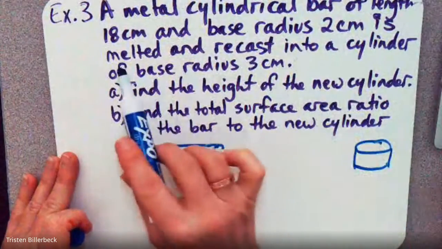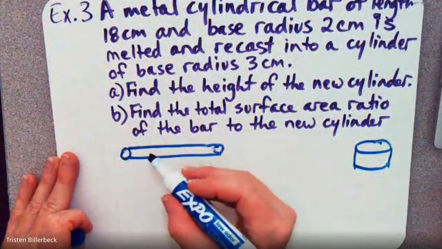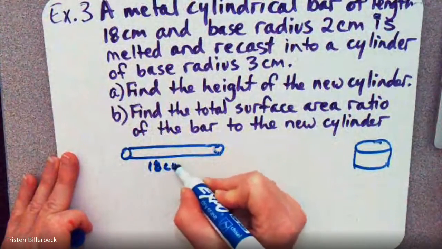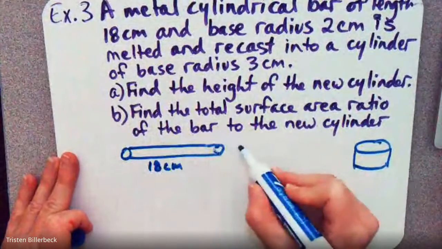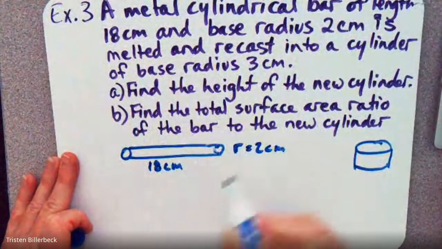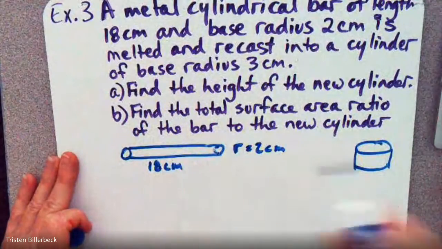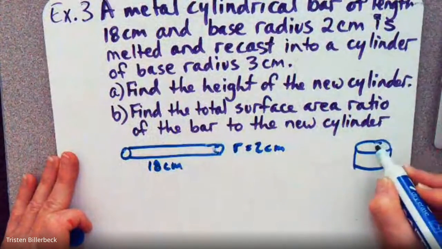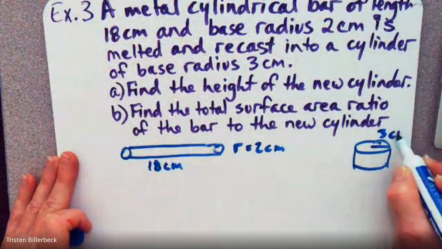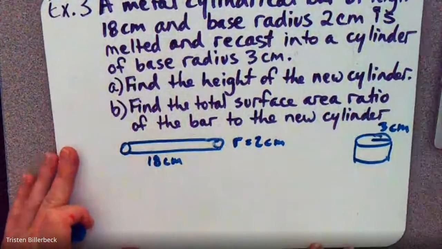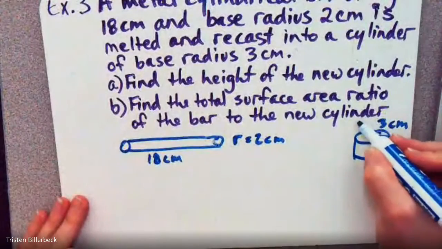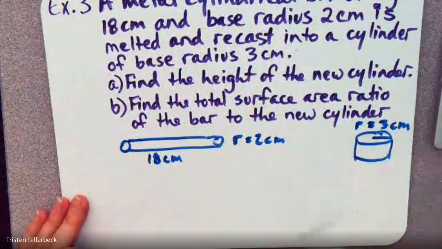So this one's 18 centimeters and has a radius of 2 centimeters. And the new one has a base radius of 3 centimeters. That just helps to draw things out so we know what we're talking about.